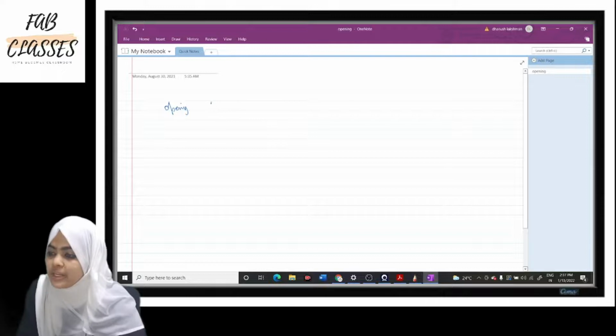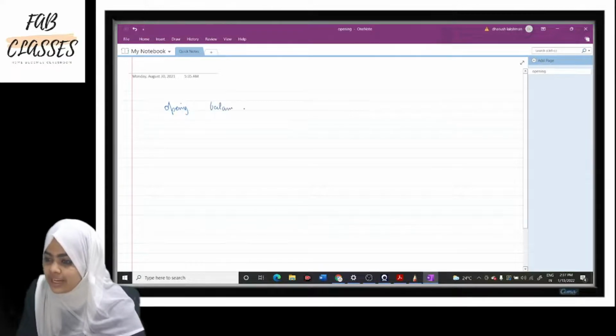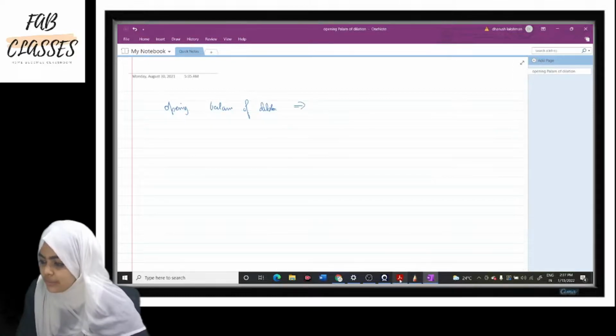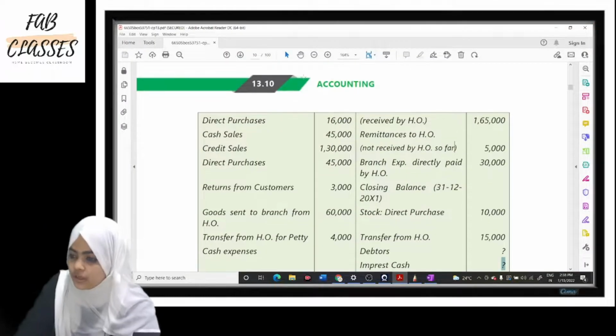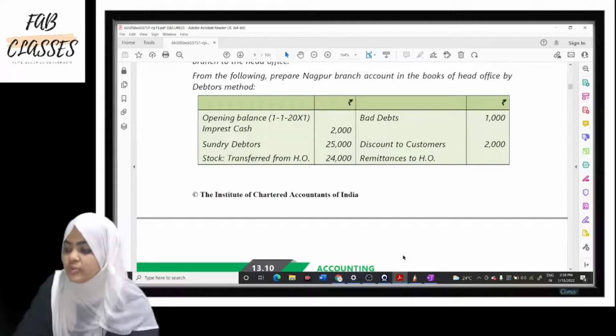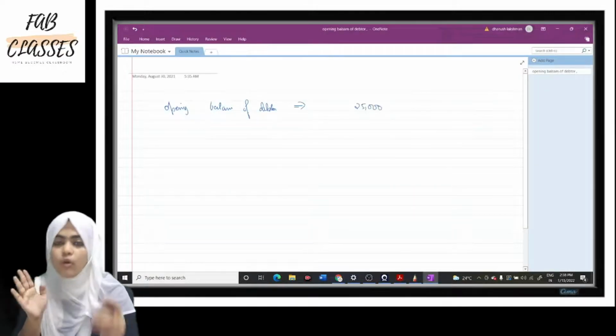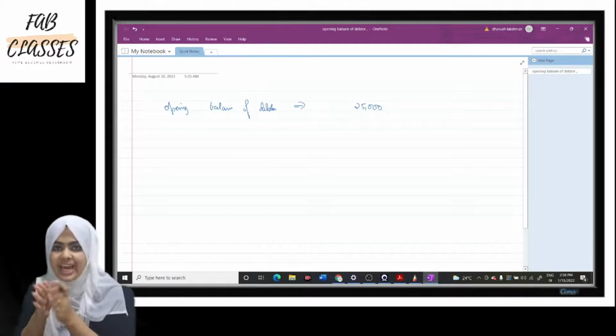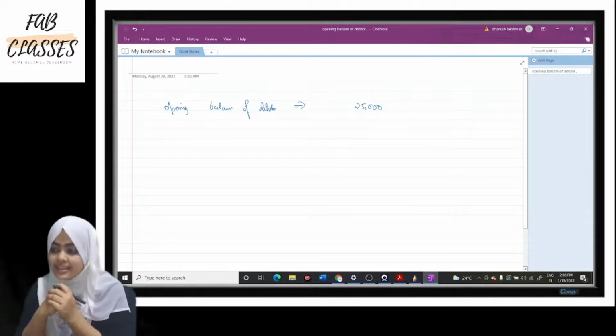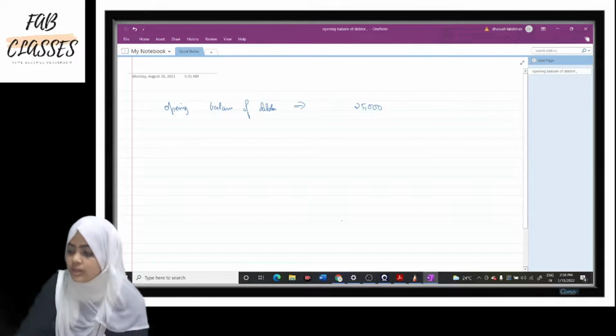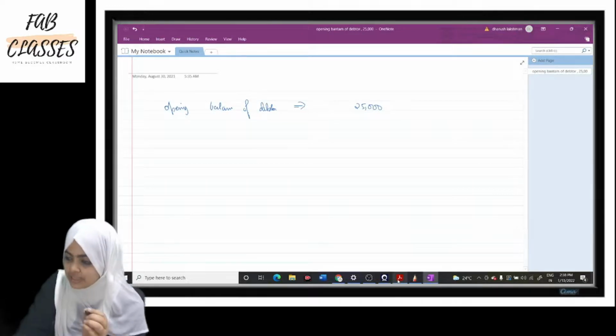Okay. So the opening balance of debtors. What was the opening balance of debtors? Opening balance of debtors was 25,000. So already at the starting of the year we had 25,000 debtors. And then how much credit sales did occur in that year?